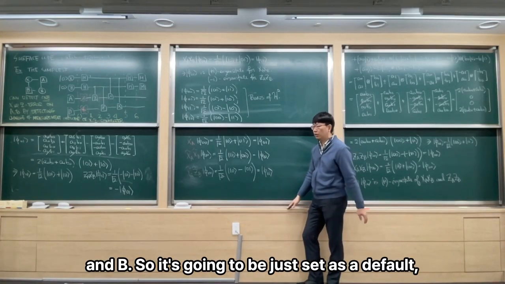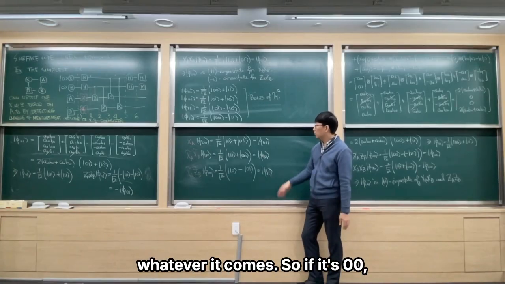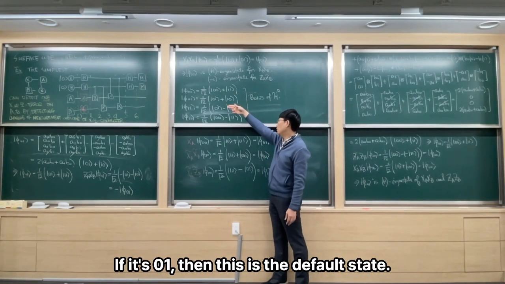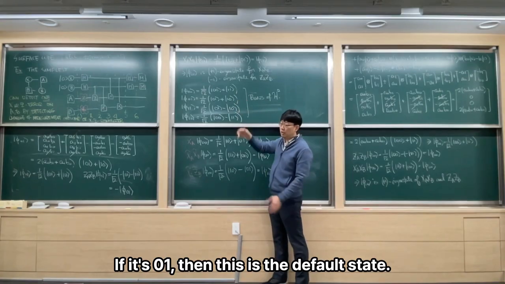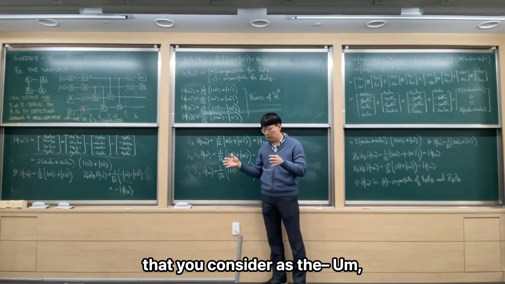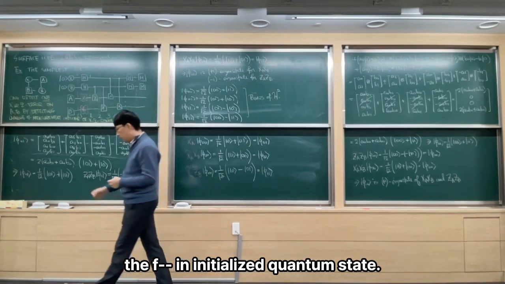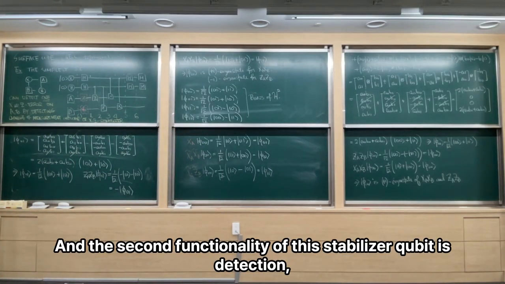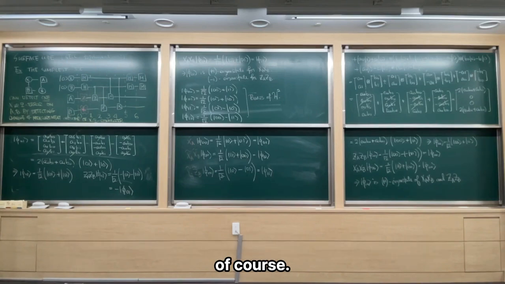It's just set as a default, whatever it comes out as. If it's 0, 0, then that's the default state. If it's 0, 1, then that is the default state. The default state is the original state that you consider as the initialized quantum state. And the second functionality of the stabilizer qubit is detection, of course.